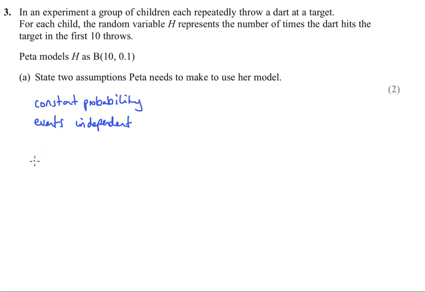So for the probability one, we're going to say that the probability of hitting the dartboard is the same for every throw.